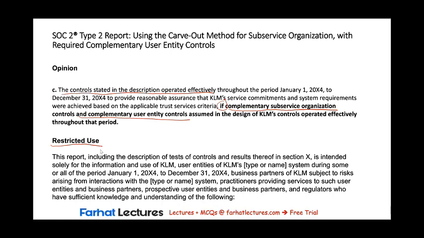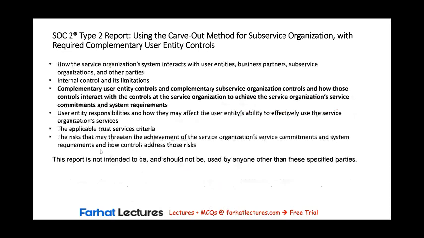Regarding the restricted use paragraph, unlike the SOC 1 Type 2 reports, here we have a modification. So after mentioning the parties that the report is restricted to, we need to mention the knowledge that they should have. So they should have sufficient knowledge and understanding of the following. We need to add something here: complementary user entity controls and complementary service organization controls, and how those controls interact with the controls at the service organization to achieve the service organization's service commitments and system requirements.